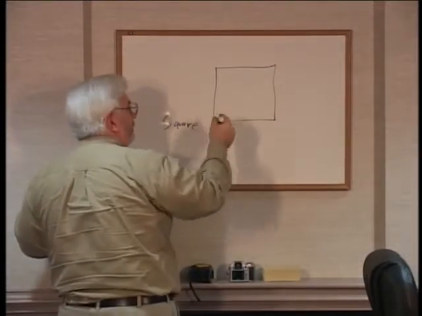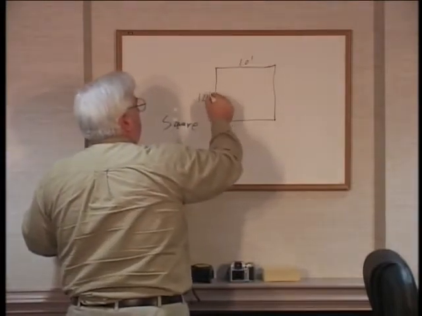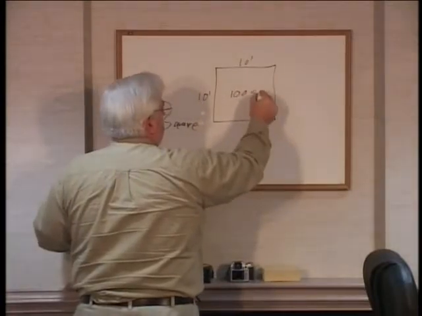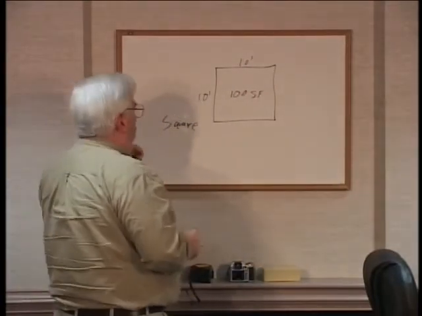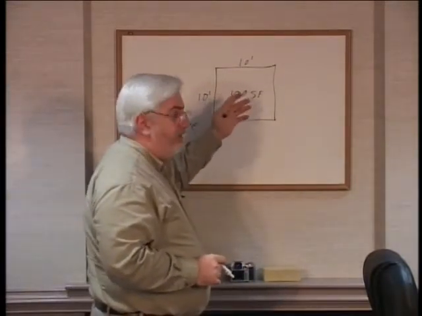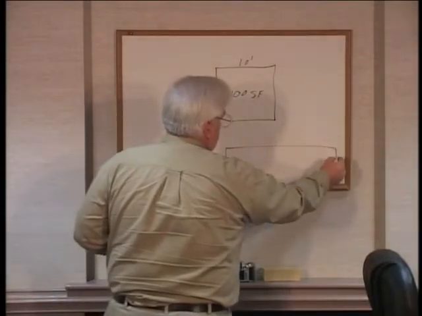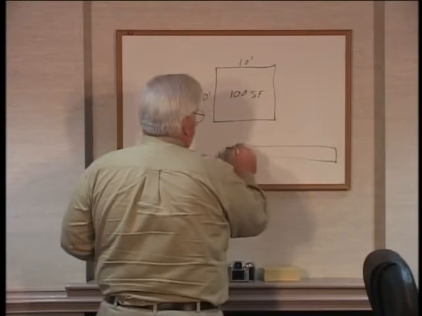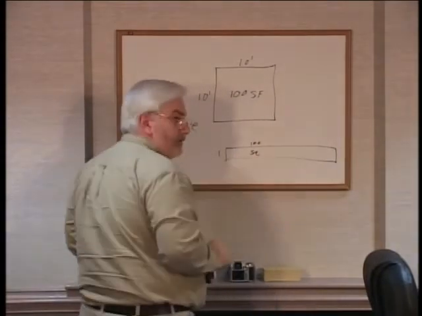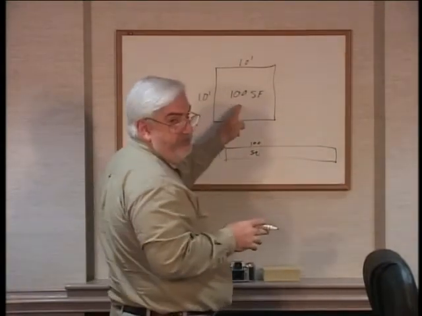But basically, so you understand, it's 10 feet by 10 feet, or 100 square feet. 10 by 10 is a square, but a square can be 1 by 100. That's a square. So the size and shape of it doesn't mean anything. It's how many square feet.